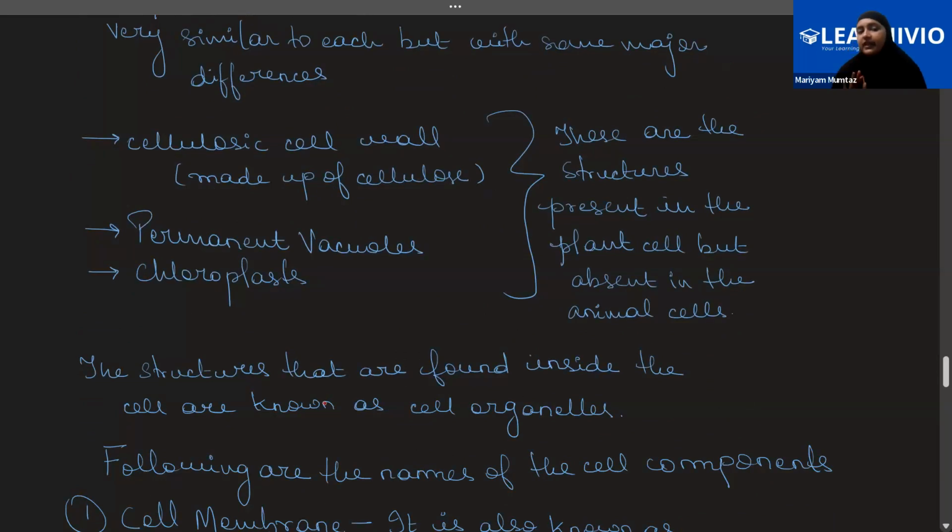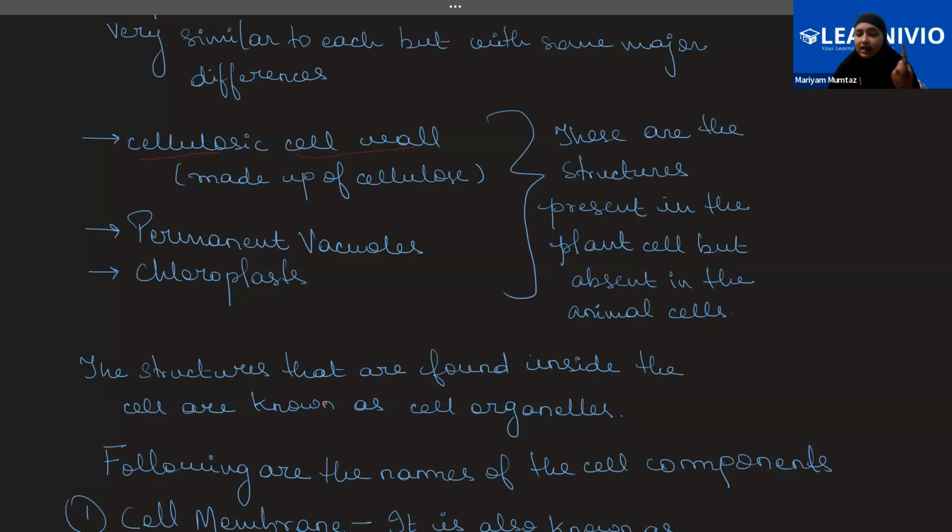See, these three things that you see right in front of you: first is cellulosic cell wall, meaning a cell wall which is made up of cellulose, then permanent vacuoles and chloroplast. These three things are the structures which are present in the plant cell, but they are absent in the animal cell.